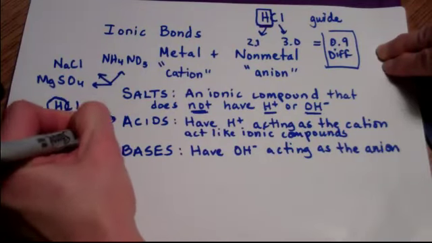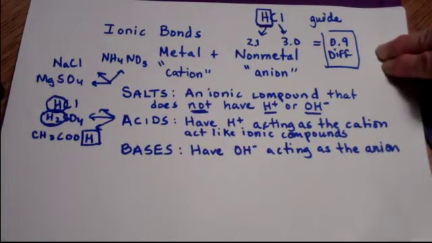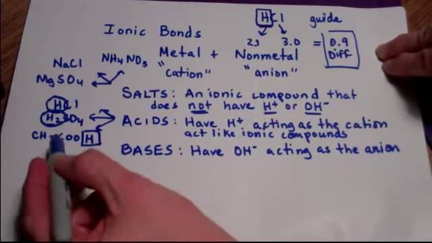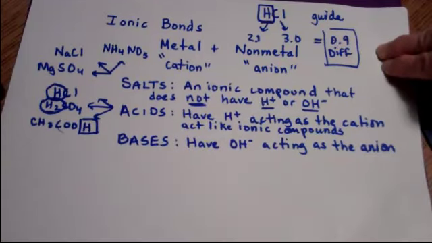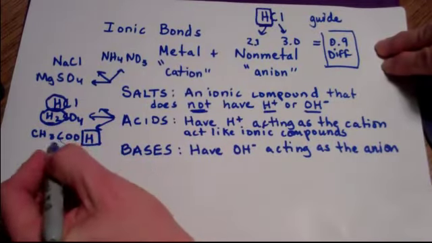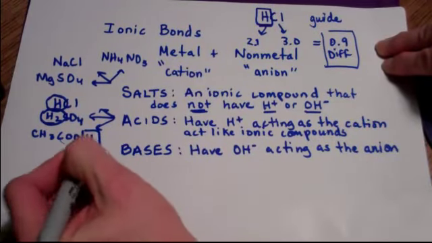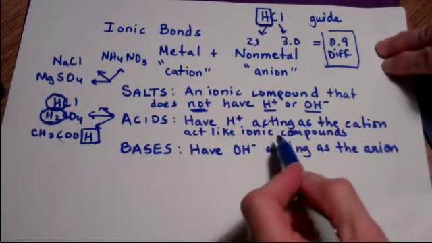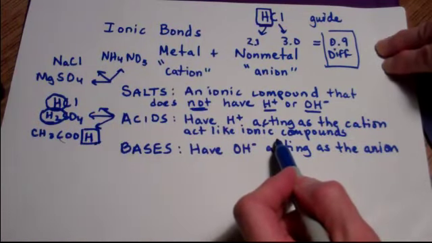In this case, this is the acidic hydrogen, and you just have to memorize this one. This is the only one that we will see like that, the carboxylic acid functional group. It is very important for biologic systems, and this is an acid group. That hydrogen can be lost just like an ionic compound.